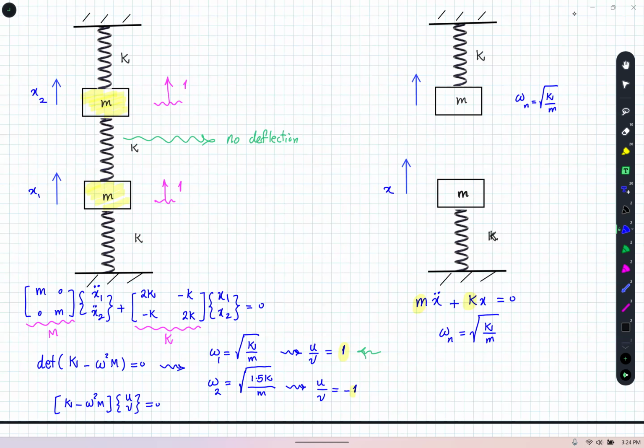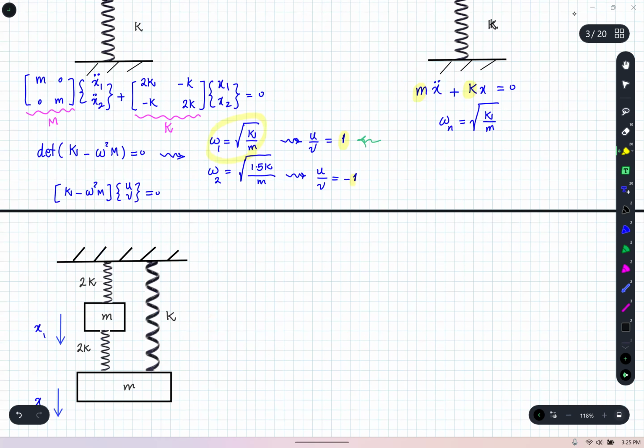So that's the comparison. In other words, if I want to compare the first mode of the system on the left, it's like pretending that it is composed of two single degree of freedom systems, and each has the natural frequency of k over m, which, as you can see, is exactly equal to our first natural frequency, and physically it makes sense. All right, moving on.